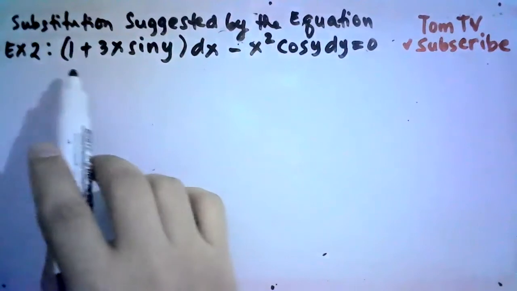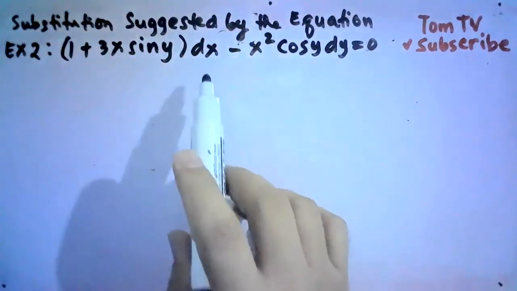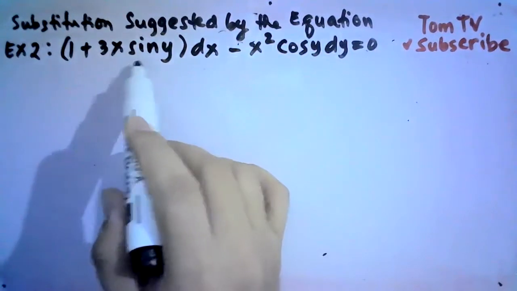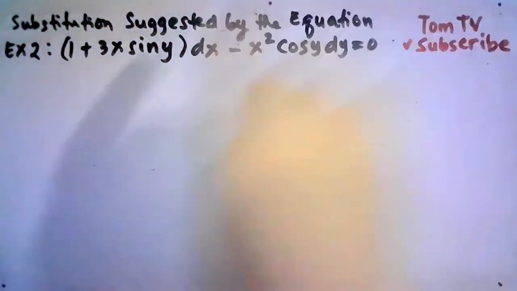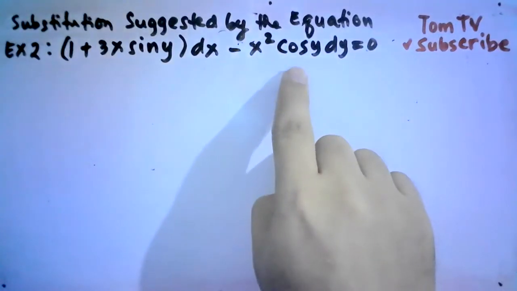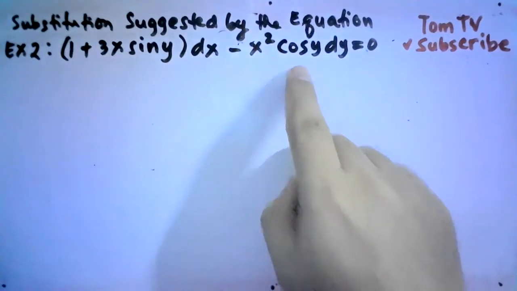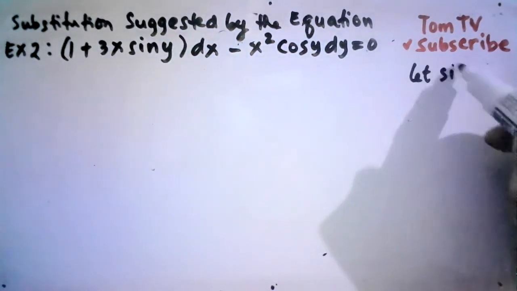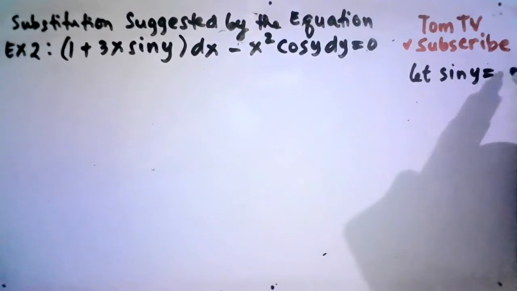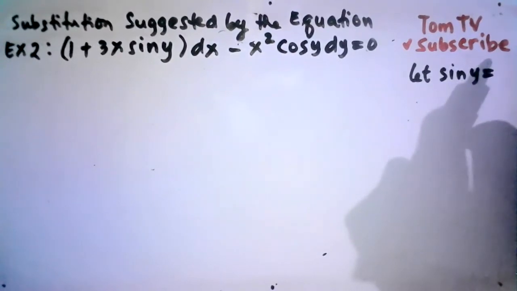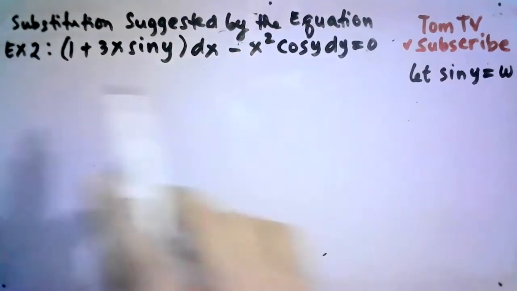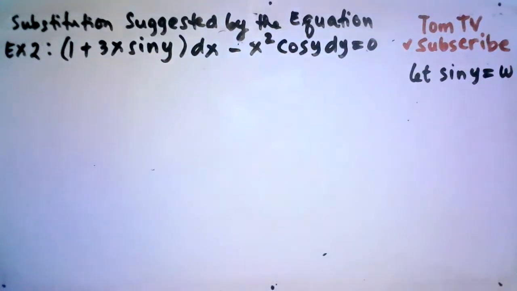So back to this one. We have 1 plus 3x sine y dx, and then x squared cosine y dy. Now notice we have here sine y, and then we also have cosine y. So take note, let sine y be equivalent to, we will make use of another variable, let's say w. Again, in a substitution, you can use any variable that you want.